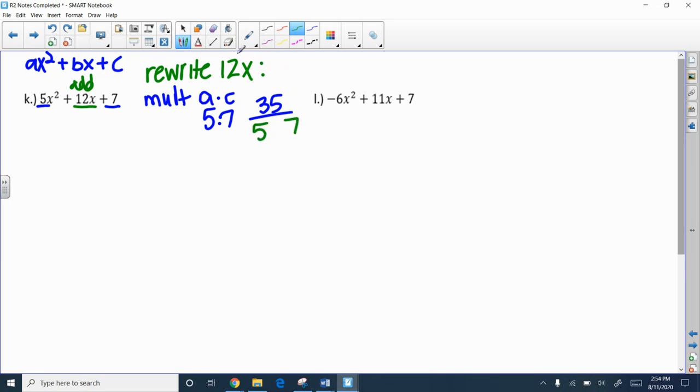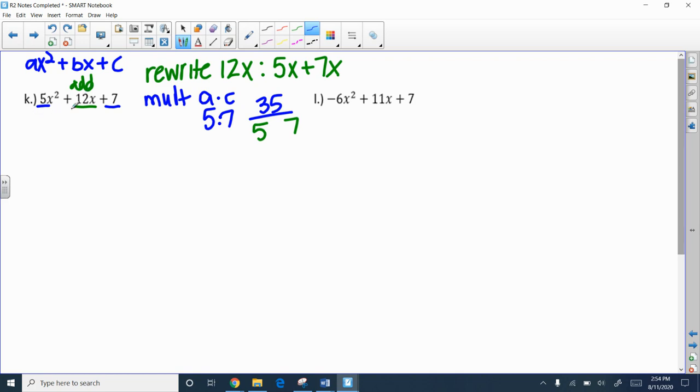So what that means is I'm going to rewrite the middle term, 12x, as 5x plus 7x. It doesn't matter which order you write them in, because if I wrote 5x plus 7x or 7x plus 5x, it still is the same as 12x.